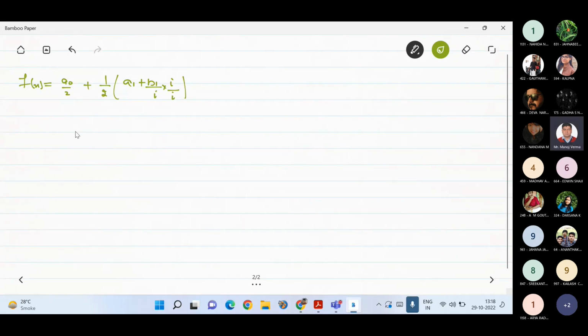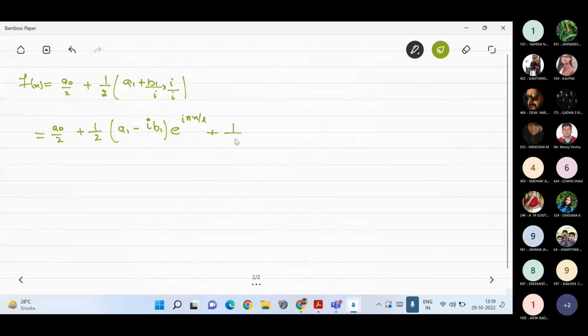So it will become a1 minus iota b1, right? It will become this, e raised to the power iota pi x by L. This was the first term.